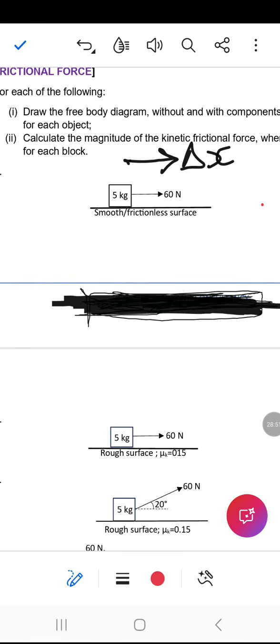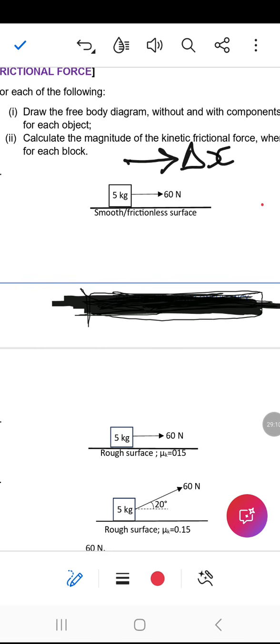From here, let's try to draw a free body diagram. Remember last time I said to make it easy, you can try to show the forces acting on the object. Let's label them on this diagram so that we can draw our free body diagram.